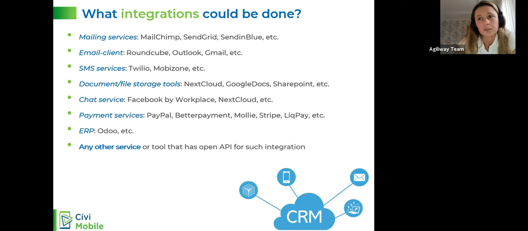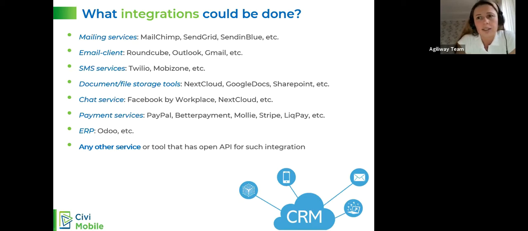Email client: we have done an integration of CiviCRM with RoundCube, which is an email client, with single sign-on for one client. If you go to the Agileway website and the CiviCRM website, you will see information about a case study, an all-in-one CRM, where we described this integration.